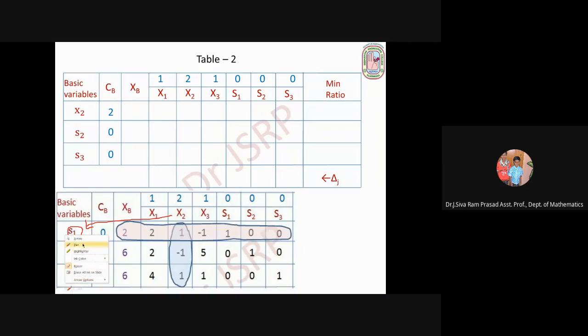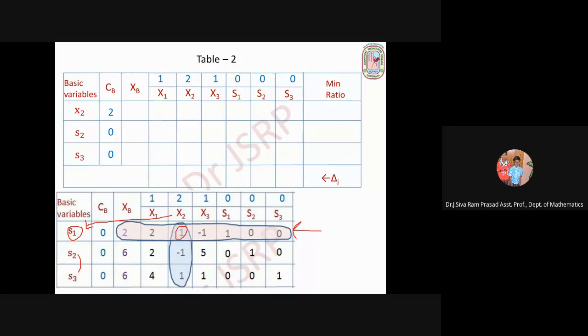Okay, right. So what is the first step to find the new solution? First, divide the pivot row by the pivot element. So here the pivot row is the first row and the pivot element is 1. Pivot element means the intersection of the pivot row and pivot column. So divide the first row by 1 and write it in the first row of the new table.